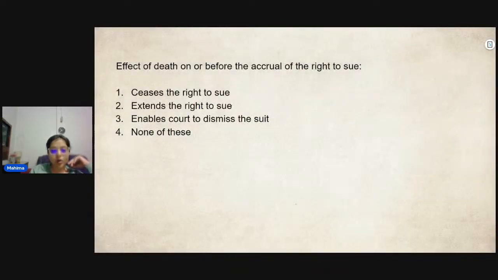Effect of death on or before the accrual of the right to sue: ceases the right to sue, extends the right to sue, enables the court to dismiss the suit, none of the above.